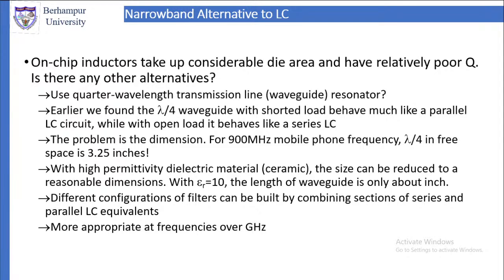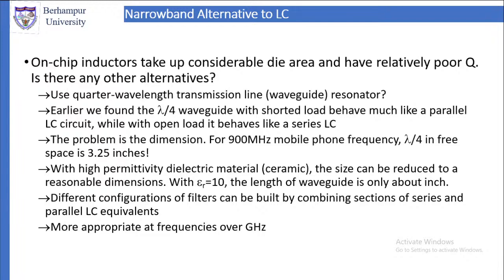Finally we'll consider the narrowband alternative to LC. On-chip inductors take up considerable die area and have relatively poor Q. What are the alternatives for on-chip inductors? Use a quarter wavelength transmission line for the resonator.